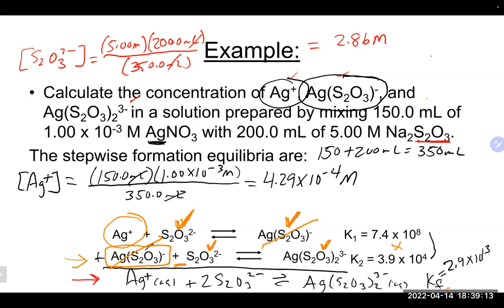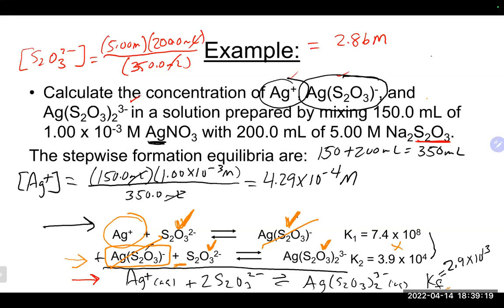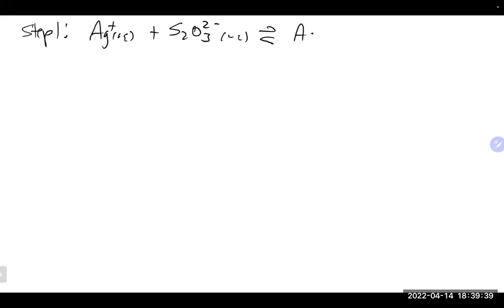So now what we're going to do is use the first reaction step here to get us to the silver. So again, I'm going to focus on just the first guy here, and we'll rewrite the first one. So step 1, which was this reaction, our silver plus the S2O3 2 minus goes to this guy that we just solved for.